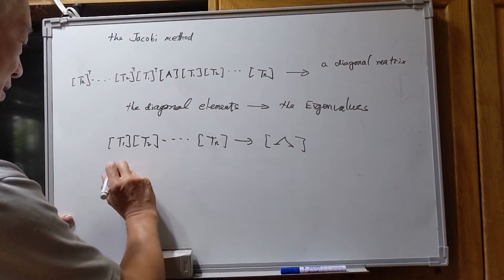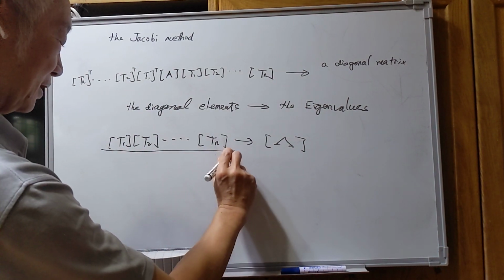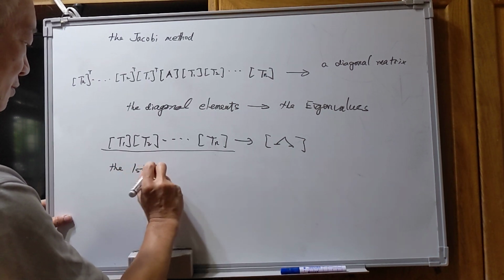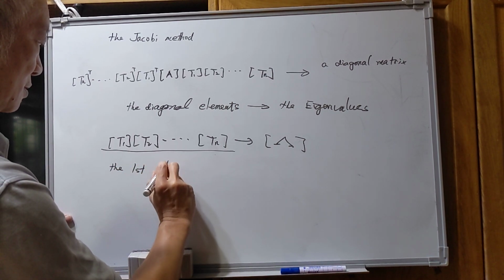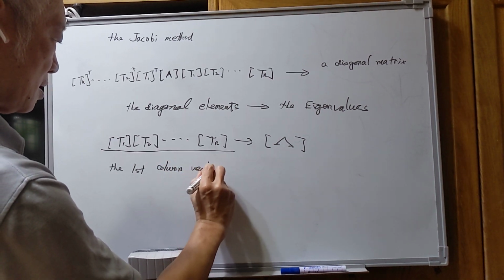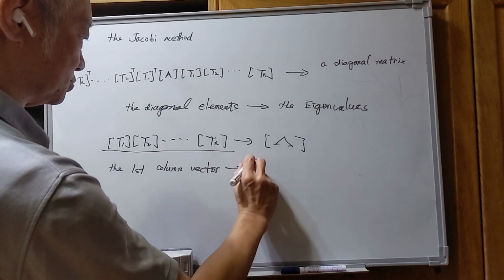So we can calculate this one. The first column vector is the x1.